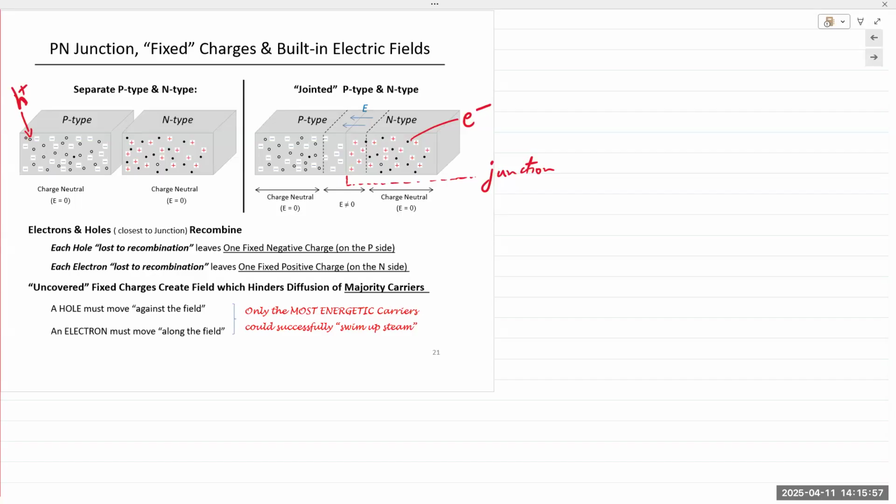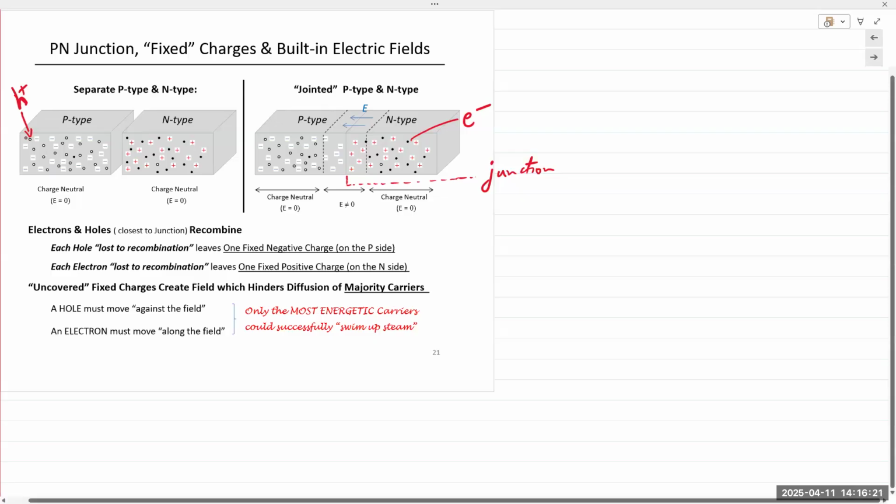The charges started dispersing, holes crossed over into the N-type, electrons crossed over into the P-type, and they stopped. Again, they performed experiments, and from their results, they postulated theories about what is actually happening. Well, what happens when an electron meets a hole?